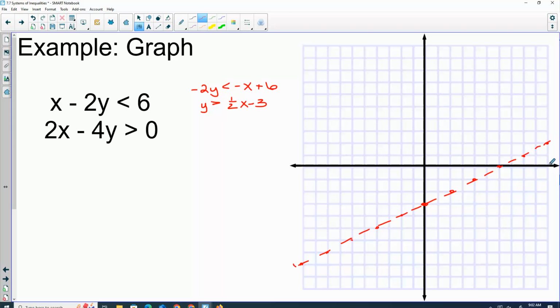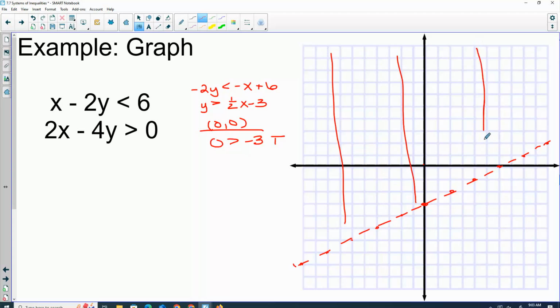And then you have to figure out where to shade. So you could either look at it and say, okay, greater than, y's are above it. Or if you put in a point like 0, 0, you get 0 is greater than negative 3, which is true. So we need to shade where 0, 0 is. So just lightly shading above this line.